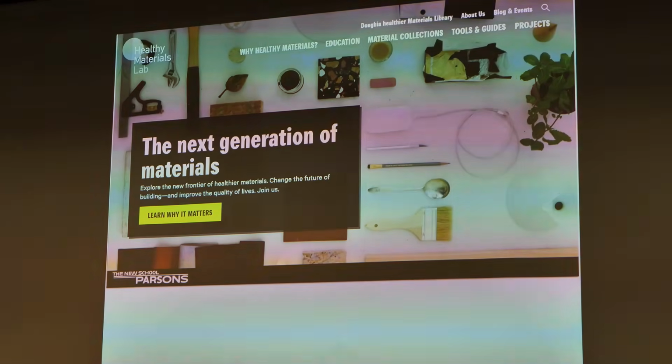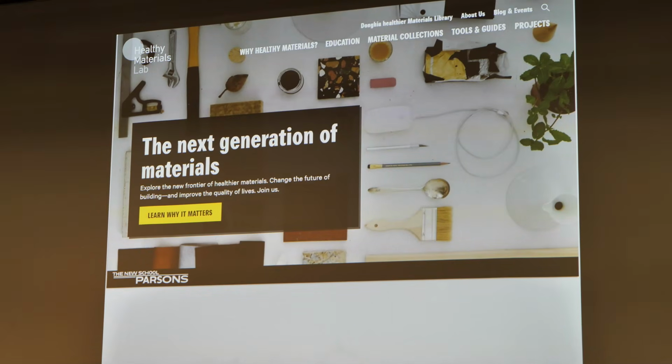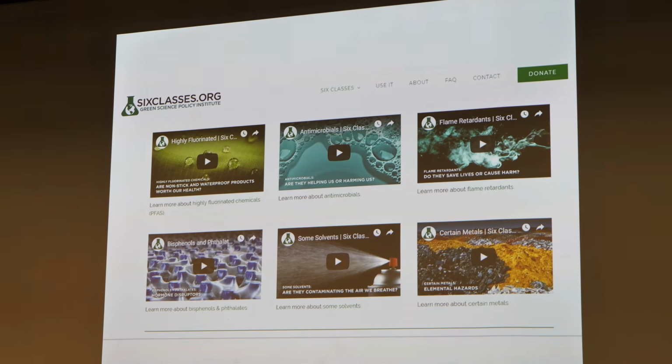So we partnered with the Healthy Materials Lab at Parsons, which is an advocacy, research, and think tank for advocating for materials and the health of materials, who itself have partnered with the Green Science Policy Institute to identify 6 classes of chemicals we need to remove from the building environment, particularly when it's with kids.